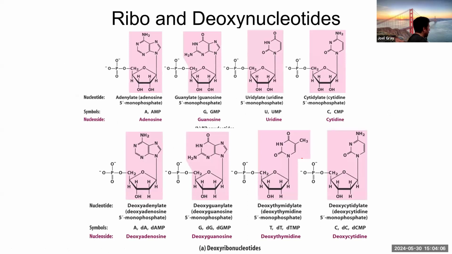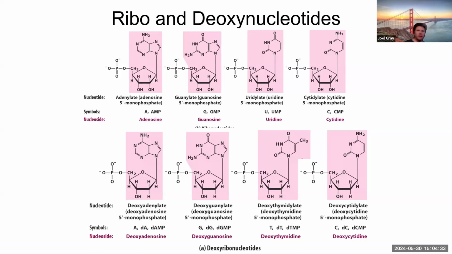Now, one thing that you'll notice that I do, and I think many other people do, is I would say more times than not, people are not going to use this nucleotide name to describe the nucleotide corresponding to adenosine. Does everyone follow me there?